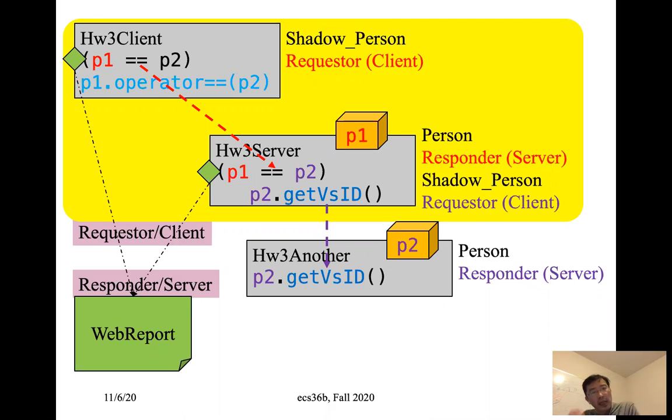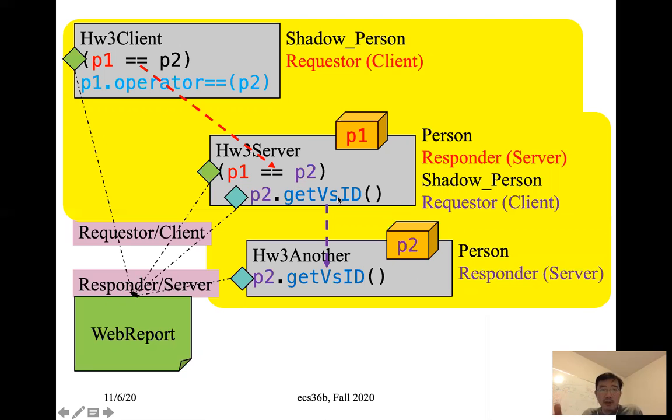Again, you have to look at what service we're talking about, then you see which side is a client and which side is a server. And similarly, when you do this get VSID, these 2 sides of get VSID also need to report. Each of them is going to report 2. And the whole thing over here, all these programs are clients corresponding to the web report server.